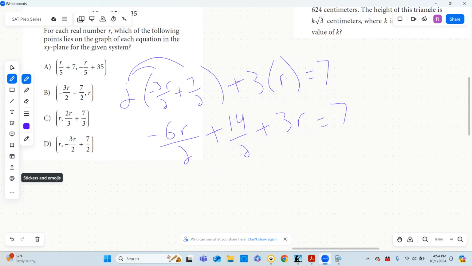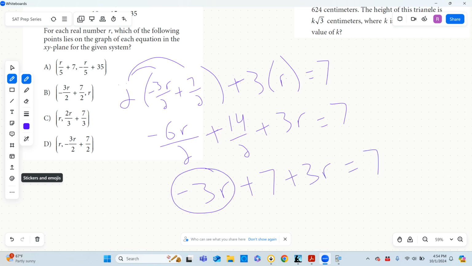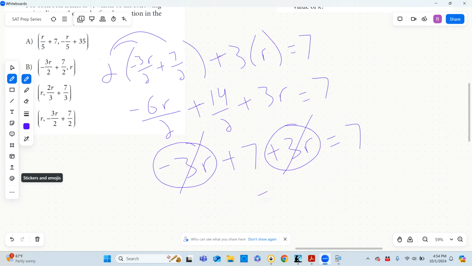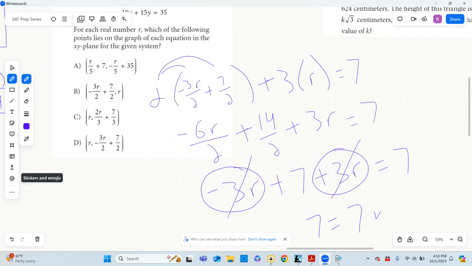If I keep simplifying, negative 6r divided by 2 is negative 3r, plus 14 divided by 2 is 7, plus 3r equals 7. If I combine my like terms on the left, negative 3r and positive 3r cancel each other out, and I'm left with 7 equals 7. That is a true statement.